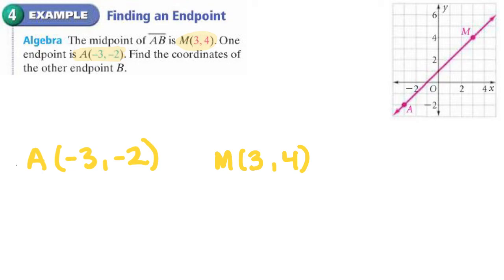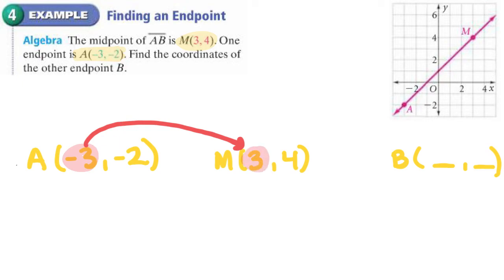And we need to figure out what I'm going to have to do to get to B. So if I want to get from A of negative 3 to the x coordinate of M, so from negative 3 to the value of 3, we have to think about what would you add to get there.